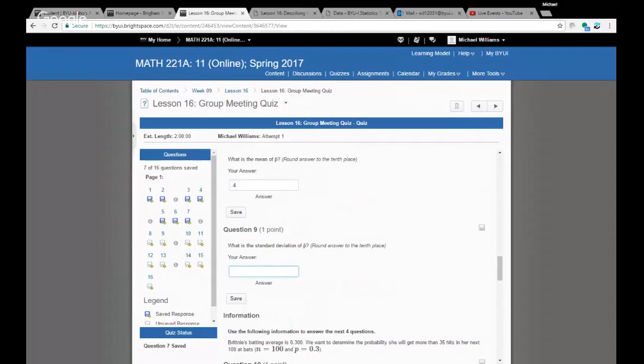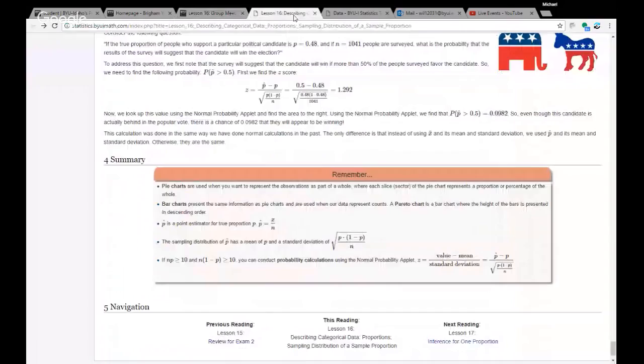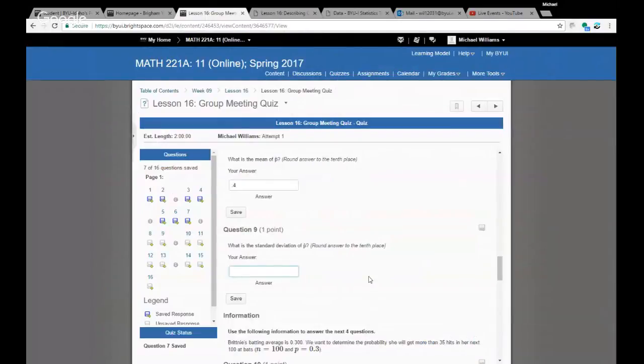So 0.4 times 1 minus 0.4, which is 0.24, divided by n, which is 24. And you take the square root of all that. It comes to 0.1. Yeah, that's what I got.